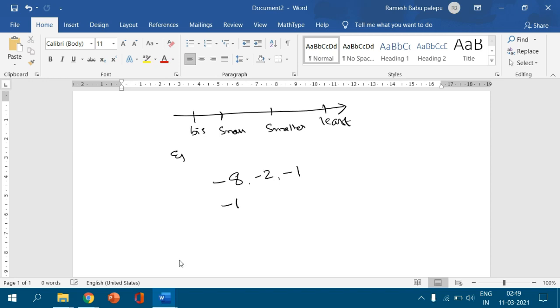Minus 1 is bigger, then minus 2 is bigger than minus 8. So minus 1, comma, minus 2, comma, minus 8. This is the descending order of the given numbers. Right friends, I will clear this and go on to solve the next one.